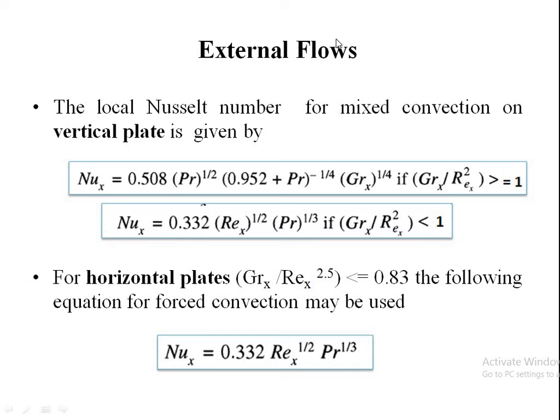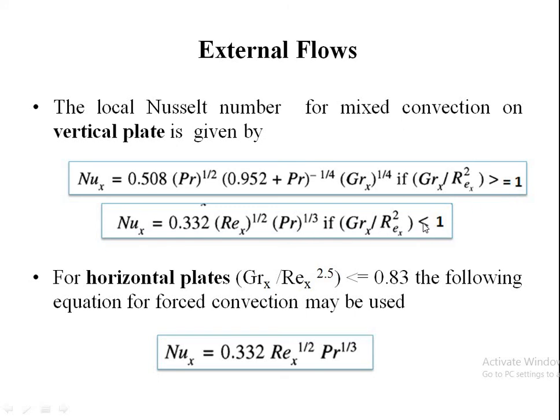In the case of external flow, the local Nusselt number for mixed convection on a vertical plate is given as: local Nusselt number equals 0.508 Prandtl number raised to 1/2, multiplied by the bracket 0.952 plus Prandtl number, raised to 1/4, multiplied by Gr_x, the local Grashof number, raised to 1/4. We use this correlation if the local Grashof number divided by the local Reynolds number squared is less than or equal to 1.